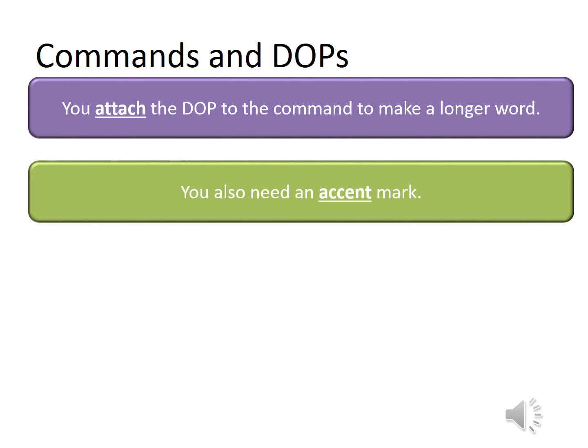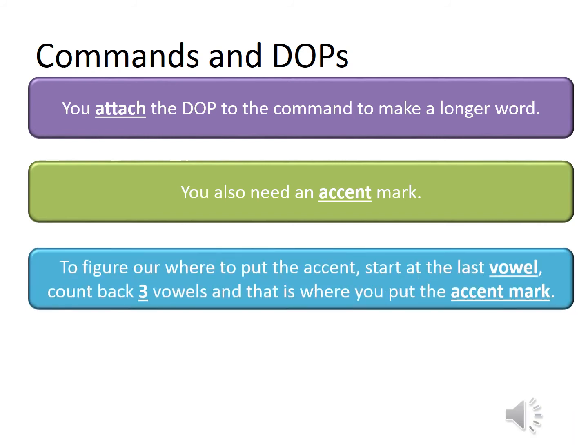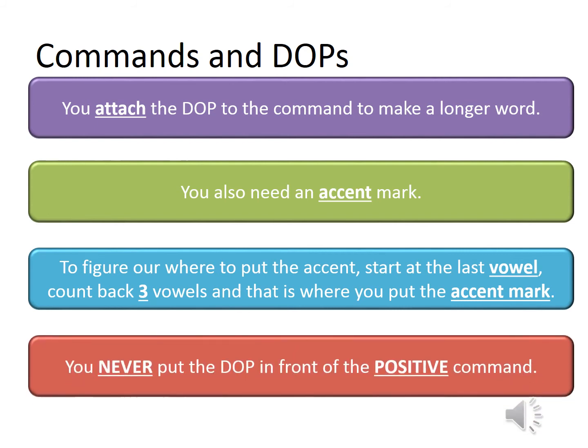There's a trick to where you add it: you start at the last vowel, count backwards 3 vowels, and put the accent mark on the 3rd vowel. If you don't have 3 vowels, you don't need an accent mark. With positive commands, you never put the DOP in front of them. It is always attached.